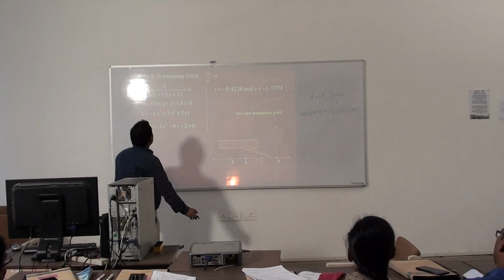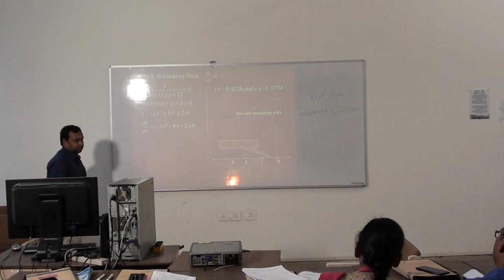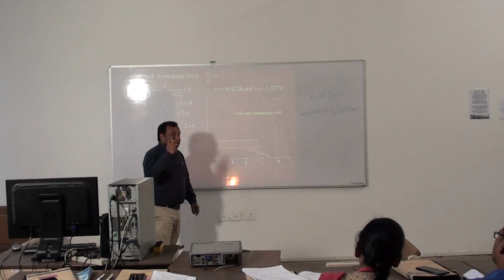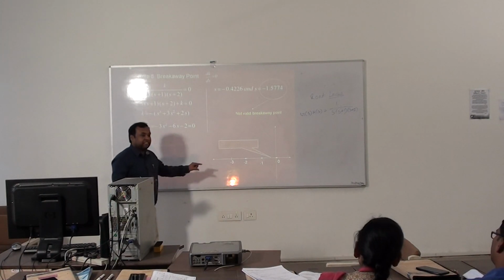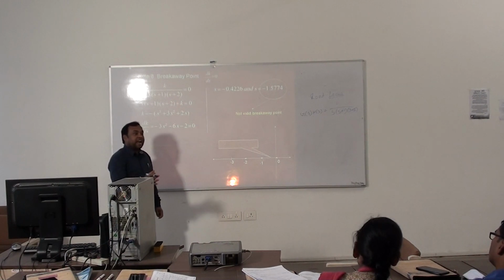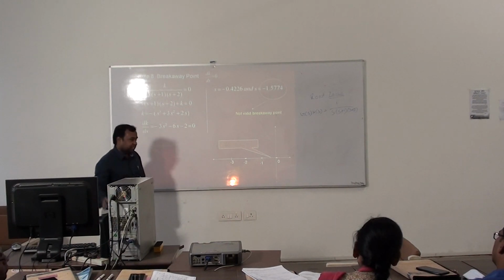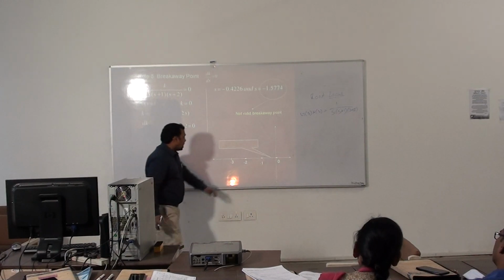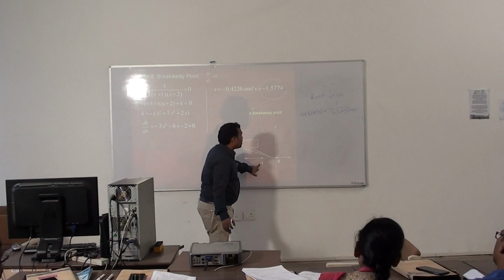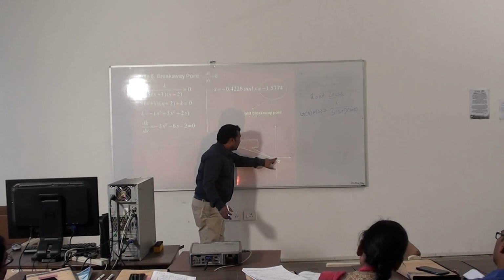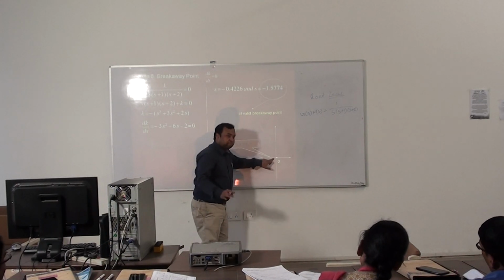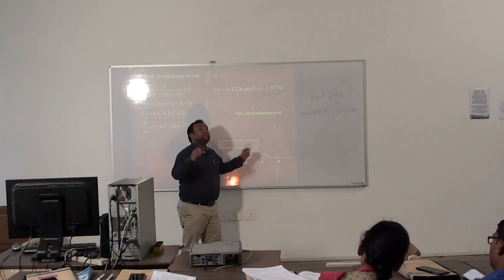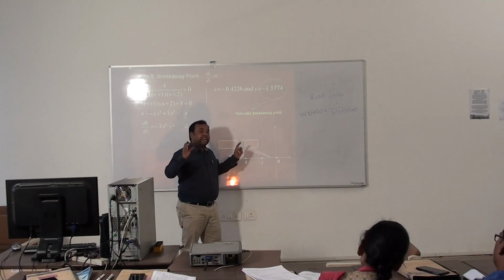Now we will calculate the breakaway point. What is the breakaway point? As I mentioned, in certain sections the root locus will exist, and in certain sections it will not. Here the root locus exists between 0 and -1. Also, I mentioned that it originates from the poles and terminates at the zeros or infinity.